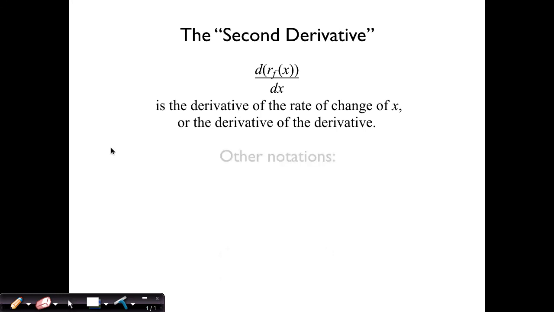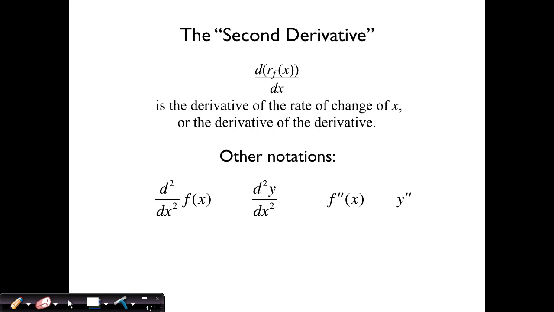So notations for second derivative, in addition to this maybe slightly messy notation up there. If you have the d over dx in front notation, a way to use that for a second derivative is with 2's thrown in there. Notice the 2's are in two different spots. In both of those first two, in the numerator there's a squared after the d, and in the denominator there's a squared after the x.